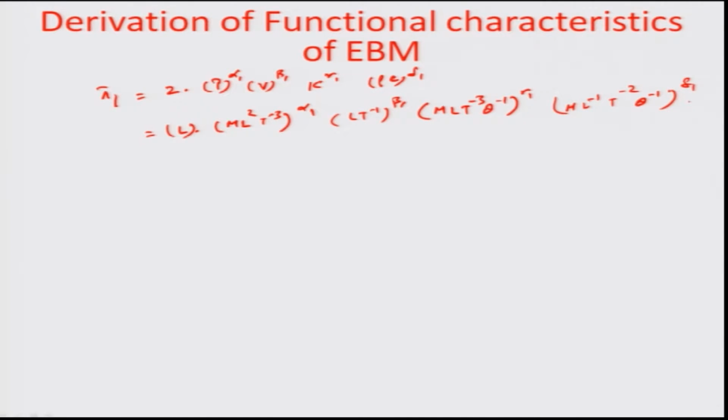So, if I were to assemble all the different basic dimensions together algebraically, we will be getting m to the power of alpha 1 plus gamma 1 plus delta 1. Okay. We get L to the power of 1 plus twice alpha 1 plus beta 1 plus gamma 1 minus delta 1, because it is m L minus 1 in this particular case, in the last group's case.